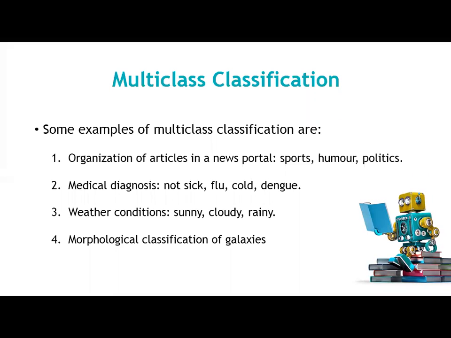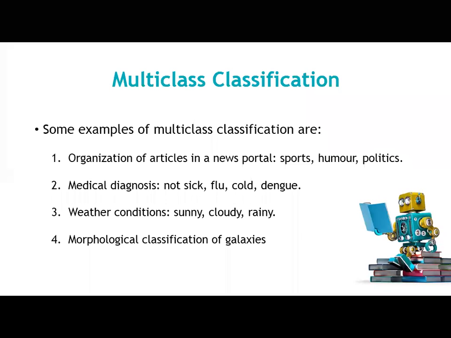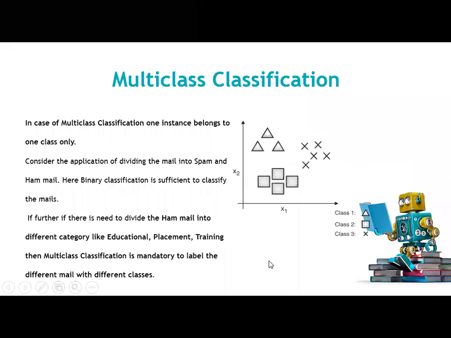Then we have weather conditions, sunny, cloudy, rainy, and the morphological classification of galaxies. These are some examples where we can use multi-class classification. The definition is the same: the function C cap maps your instance space X into the class label C. But here C equals C1, C2, up to Cn, whereas in binary classification we have C equals C1 and C2.